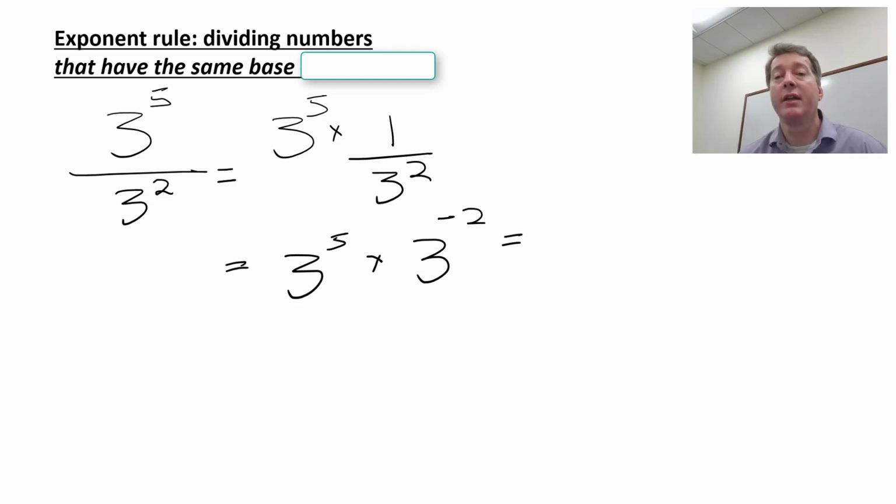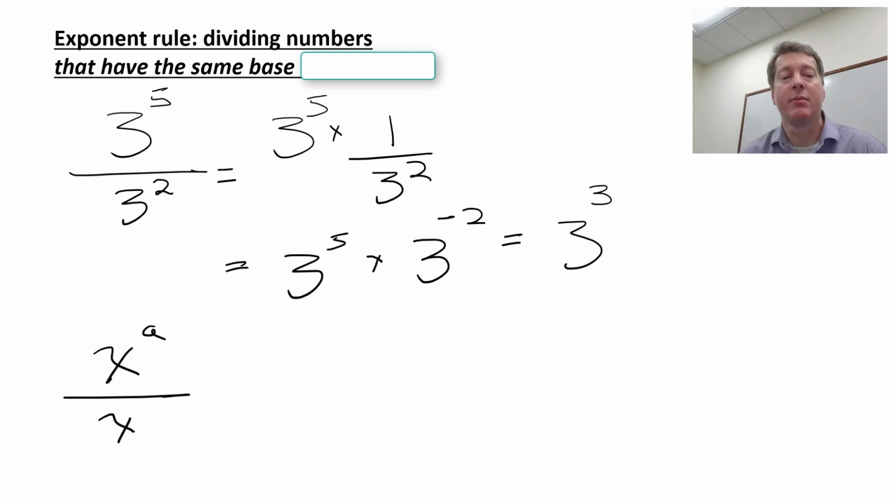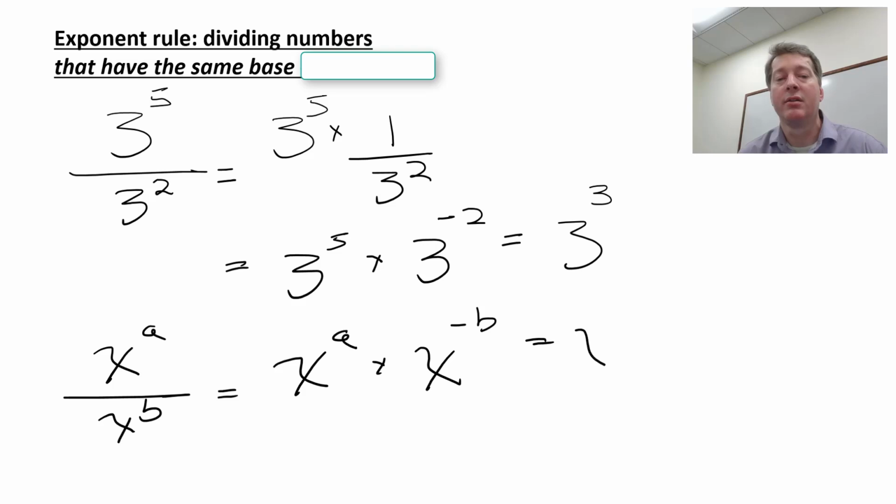So really, we're applying the addition rule. 3 to the 5th times 3 to the negative 2. You're adding the exponents. So that's 3 to the 5 minus 2. That is 3 cubed. So really, x to the a divided by x to the b is the same thing as x to the a times x to the negative b. So it's x to the a minus b.